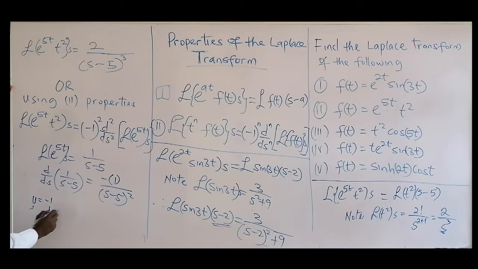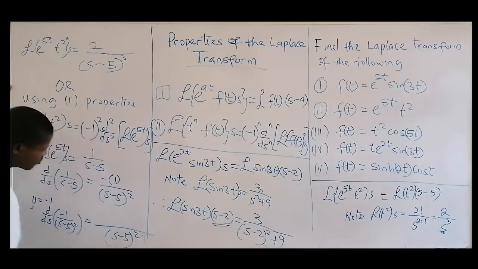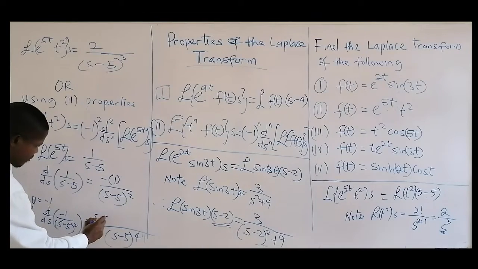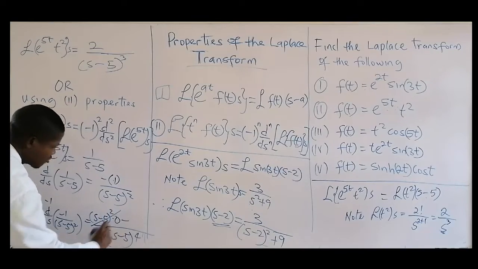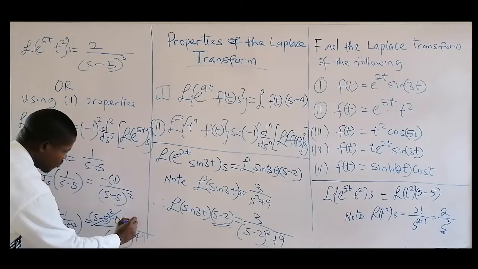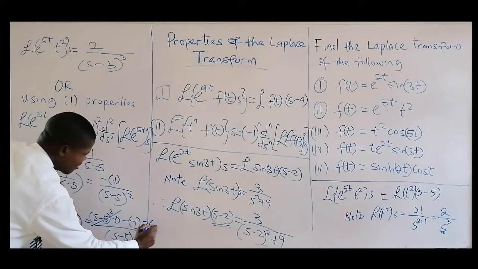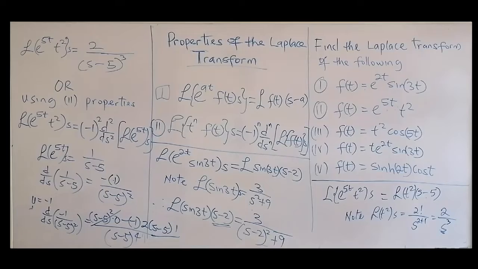d/dx of minus 1 over (x minus 5) all squared, and that will be equal to what? (x minus 5) power 2, that power 4, okay, times v, which is x minus 5, times the derivative of the numerator, which is 0, so everything here cancels, minus u, that's minus 1, times the derivative of the denominator, which will be 2 times (x minus 5), times 1.